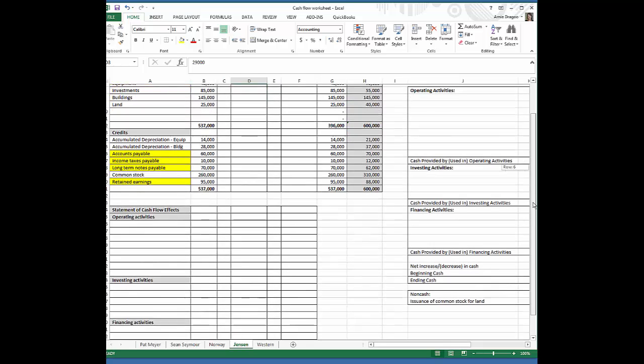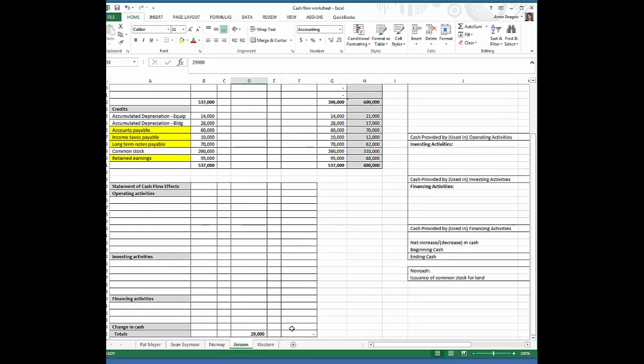So cash has the offset down below. And while I'm here, I'm going to flag my totals with a different color just to make sure that I'm constantly checking to make sure that I'm in balance.